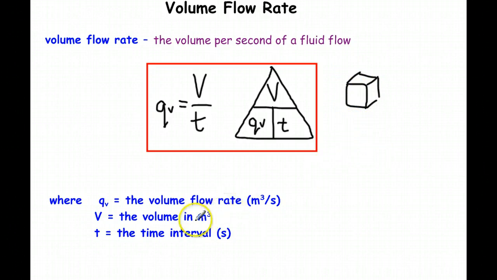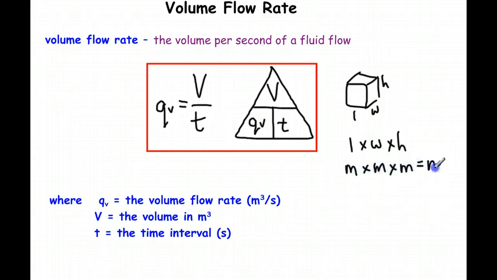Now we're looking at a volume calculation, which is length times width times height. And if you think about that, length times width times height is meters times meters times meters. And you end up with something called meters cubed, meaning that you took 3 meters and multiplied them. Okay, so that's what our volume is always going to be in, meters cubed. Our flow rate, and we're dividing it by seconds, so our flow rate is meters cubed per second.